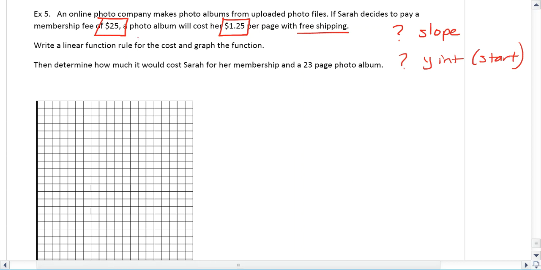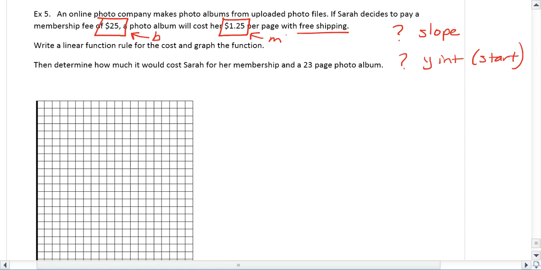Hopefully you're seeing that this $25 is kind of the start of the cost of what she's going to be paying. So this $25 is the b. It is the start. And this is what's going to change depending on how many pages she orders. This is the slope. Every page is going to cost her $1.25. So this is the amount that it's going to increase.